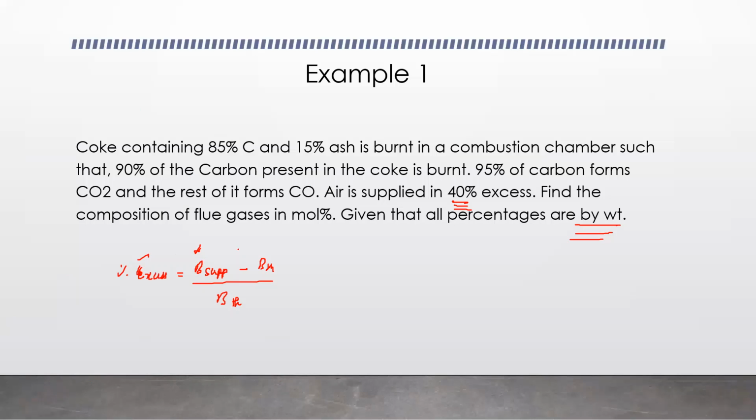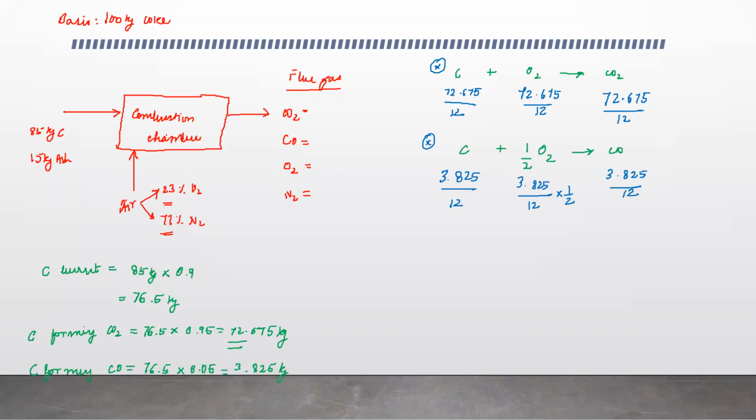So how do we get theoretical demand? For getting theoretical demand, we need to keep in mind the desired reaction. What do we want that should definitely happen? What we want is that all the carbon should get burnt to form carbon dioxide. That is the desired reaction.